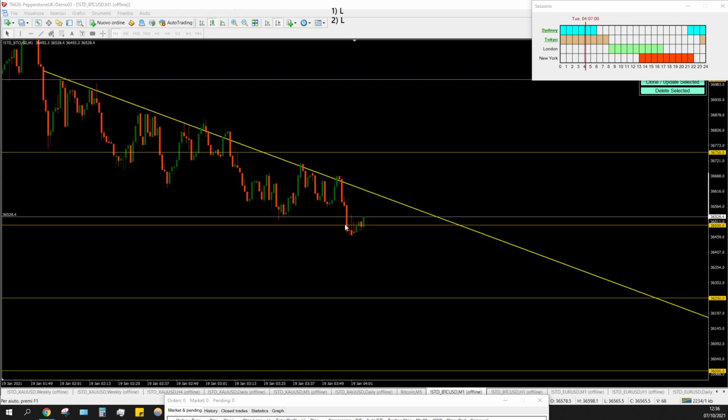They are very small candles. They are reacting at these previous lows. Let's see if we have one candle that makes a top wick and then still closes below. I'm talking about these lows.